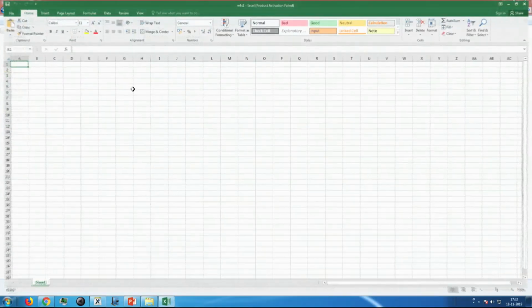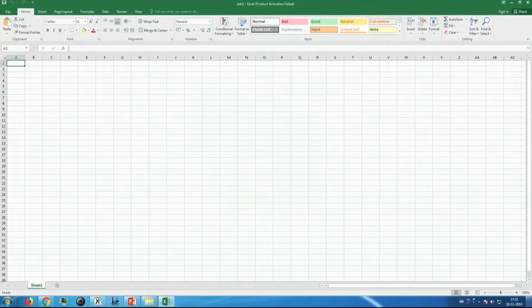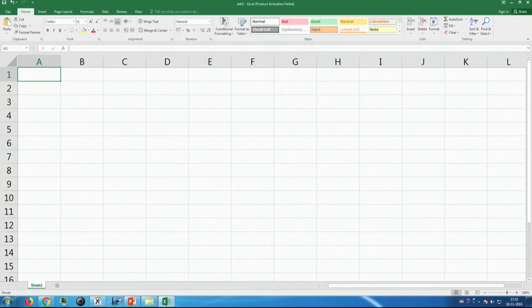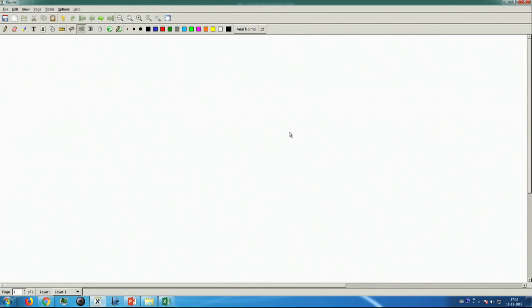So, I will come directly to my job. I have a blank Excel file and I will work on this one. We all know from basic economics that demand is a function of price. Let us say demand is equal to A minus BP, where A and B are both positive. That means as price increases, demand drops.